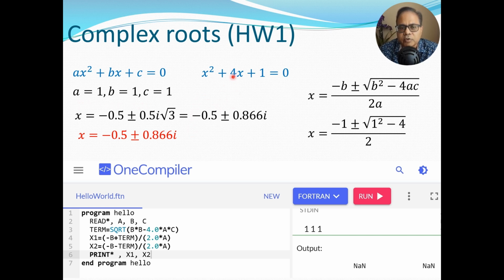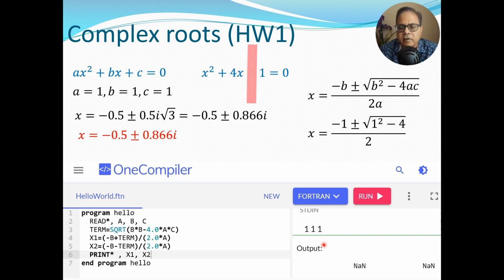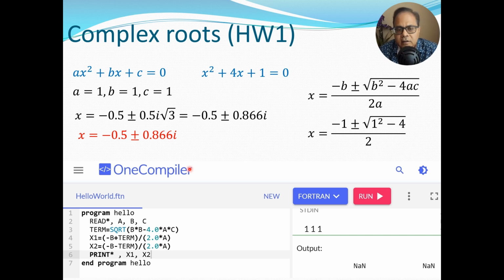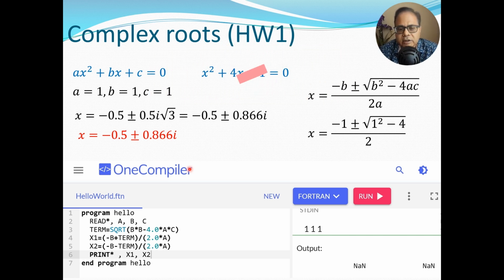So actually here I should have put a 1 here, but what I have done is I have calculated all this with a, b, c 1, and so I end up with the solution NaN, which essentially means that the computer is not able to resolve this particular issue because it doesn't like the fact that the square root of a negative number is coming in. So that's something you have to keep in mind, is that when you get NaN, that essentially means not a number. It does not mean the naan which you can get in the Indian restaurant.